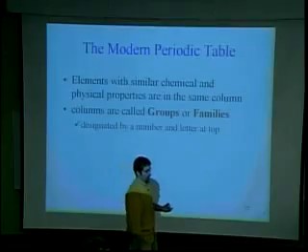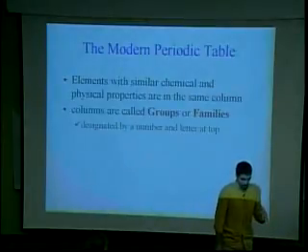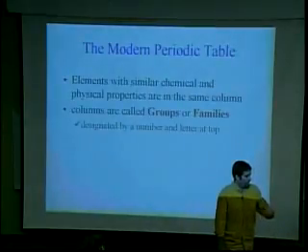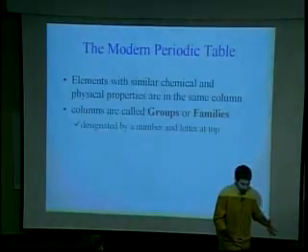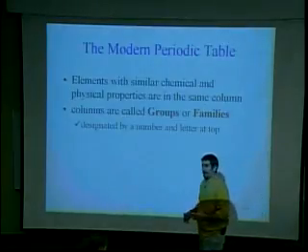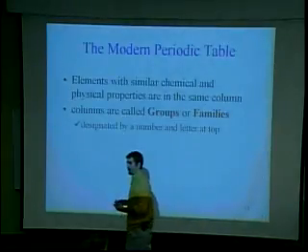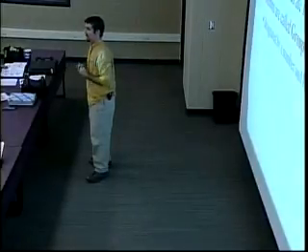You may also see a different way to write it, like 1A, 2A, and then it goes to 3B, and then there's a big blank in the middle, and it goes for a while until you get back to A, back with boron, then you'll get back to 3A. Okay? Now, it doesn't really matter. It's just a matter of different people organizing it different ways. You'll see why, as time goes on, that it's just a matter of how you want to break it up.